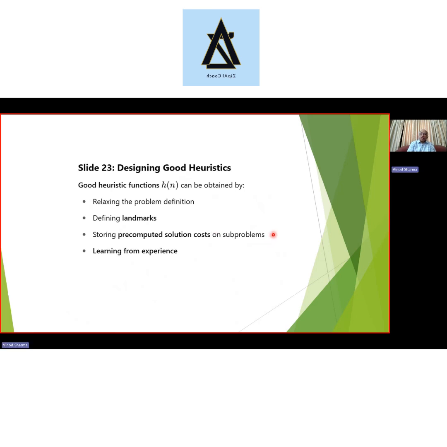If the graph is large, you could consider parts of the graph at a time. Those will be smaller graphs. You can compute solutions in those cases and use those pre-computed solutions of the subgraphs for the final main graph and try to get good heuristics that way. That is one possibility.